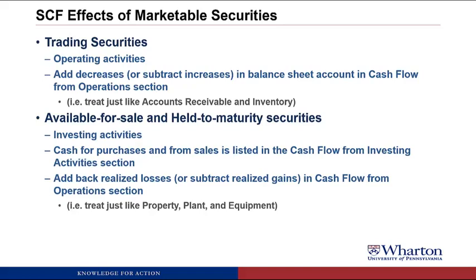We have to add back realized losses or subtract realized gains in the cash from operations section because those affect net income, but we want the cash flow to be reflected in investing, so we have to pull them out. So it's treated just like property, plant, and equipment. All the transactions that we did for property, plant, and equipment and how they showed up in the cash flow statement will also work like that for available for sale and for held to maturity.